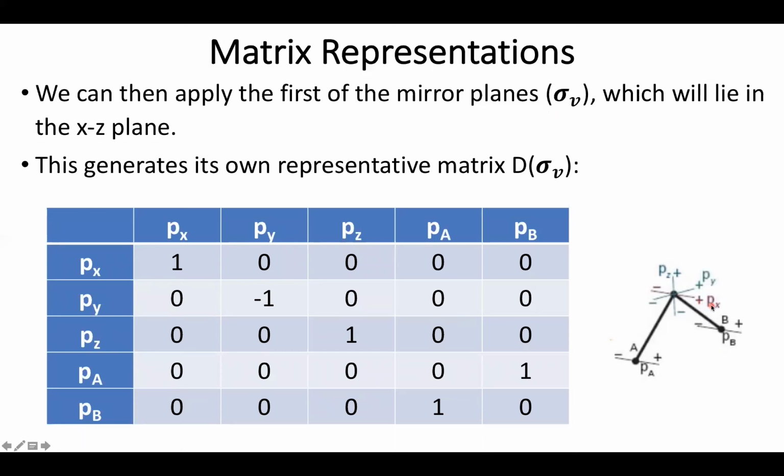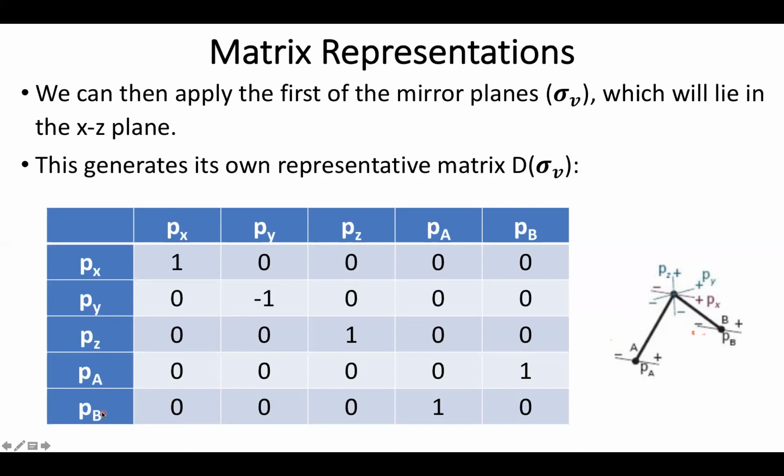So in this case, because px and pz are along the mirror plane, neither of them will move either positions or directions. The py will be reflected across the mirror plane and change signs. So it gets a -1 value. Now, unfortunately, atoms A and B misbehave, so they will flip positions but maintain signs.